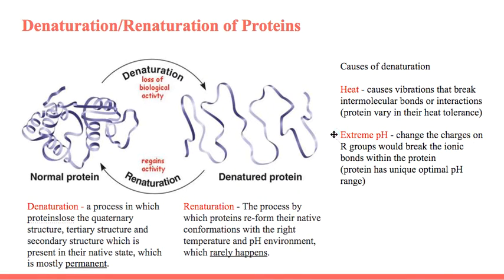And for pH, when it's not within the range of optimal pH or its pH tolerance, it will change the charges on the R group, thus break the ionic bonds, and change the overall conformation of the protein. So just be aware that renaturation can happen, but very rarely, and most likely we say that denaturation is permanent.